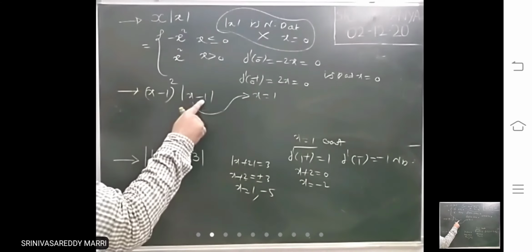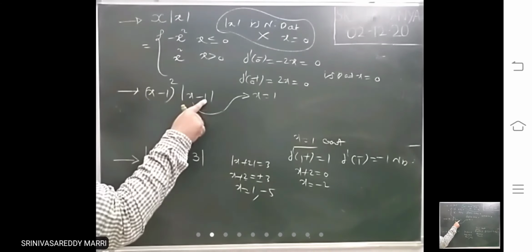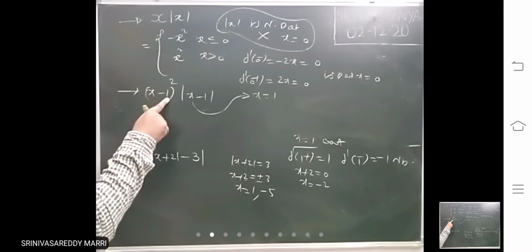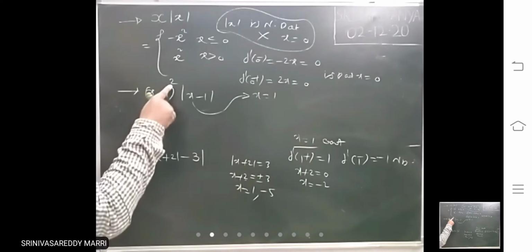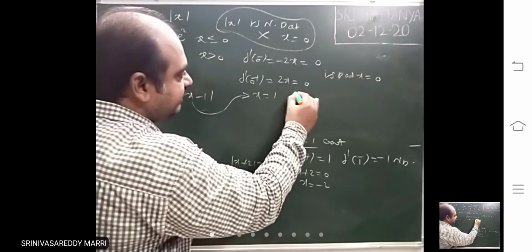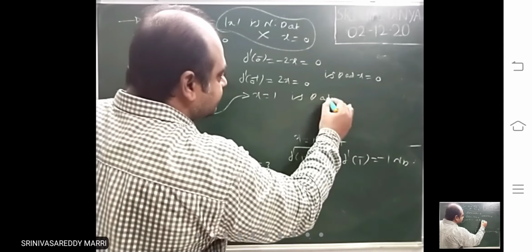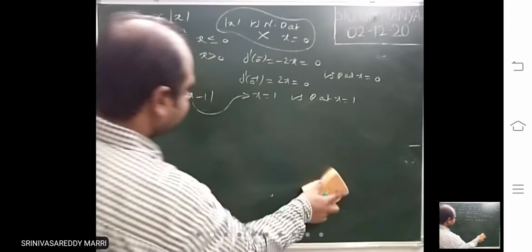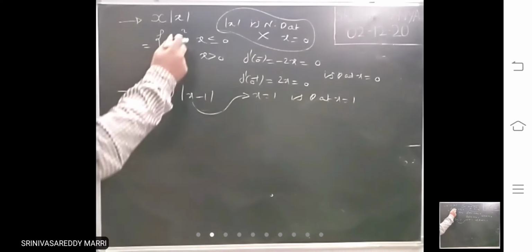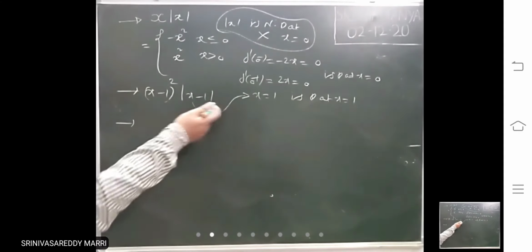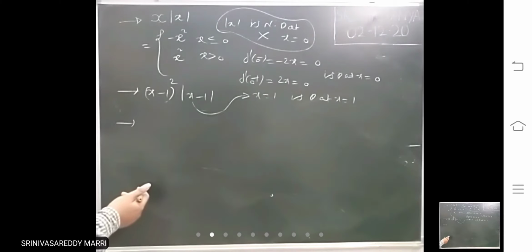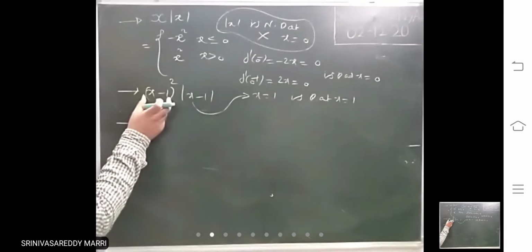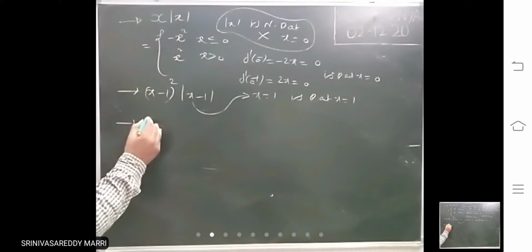If you are getting the same factor x minus 1 here, and this is also x minus 1, same factor is there, at least to the power 1, it will be differentiable, you have to write. Same manner, minus of x minus 1 whole square, x minus 1 whole square you will get. That means at this point, if you multiply this with this, it will be differentiable.